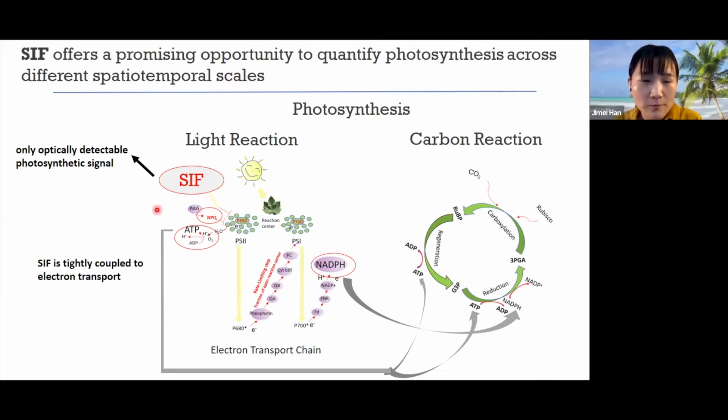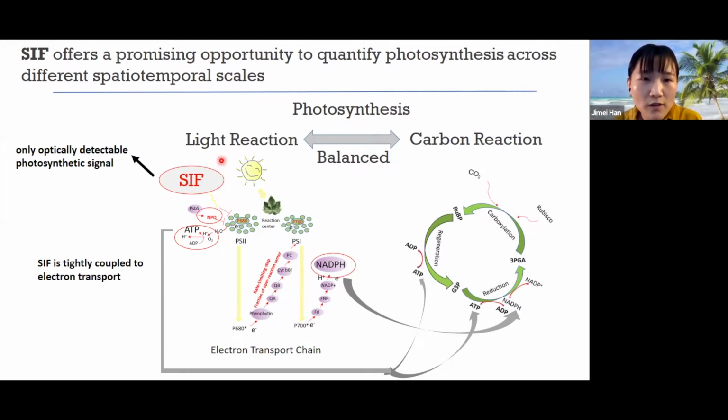spatial temporal scales. With the emerging interest in taking advantage of information carried in SIF to constrain photosynthesis by utilizing the balance between light and carbon reactions, it's critical to develop an approach that enables direct and independent estimates of photosynthesis.